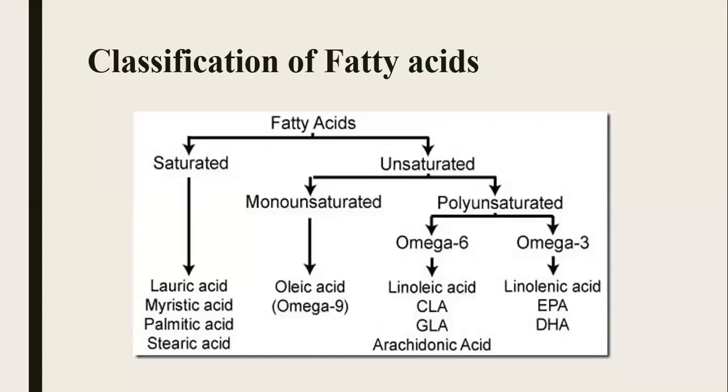Butyric acid 4 carbon, melting temperature is only 8 degrees. But palmitic acid 16 carbon, melting temperature is 62 degrees. If we see the melting temperature of stearic acid, it is 70 degrees.